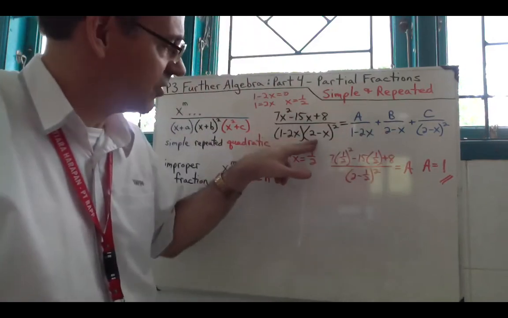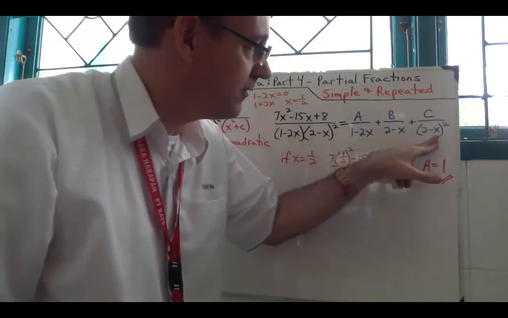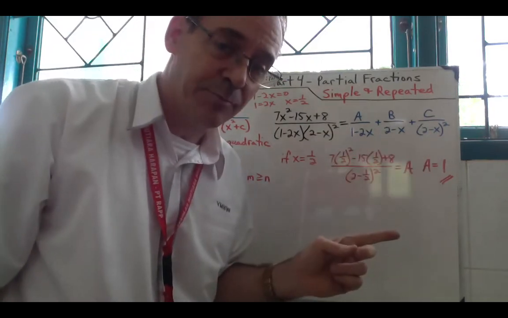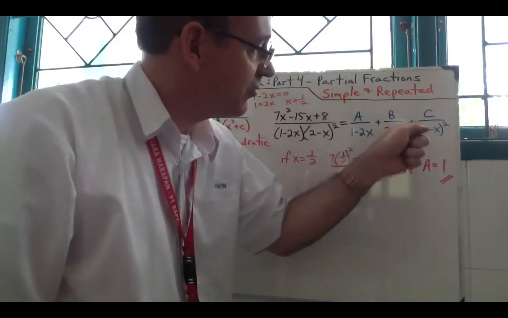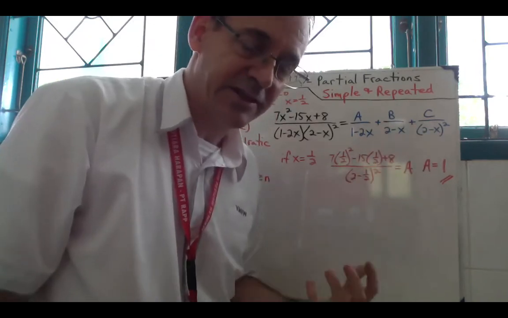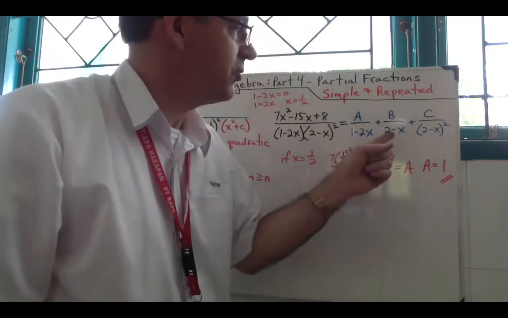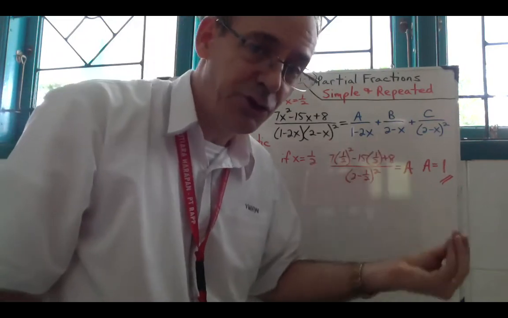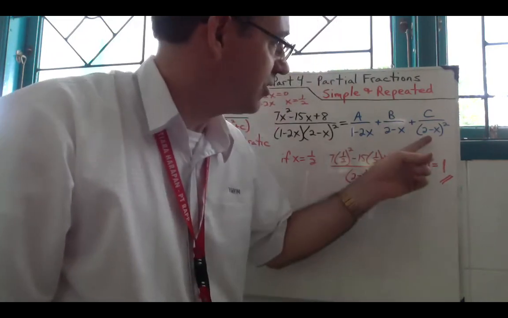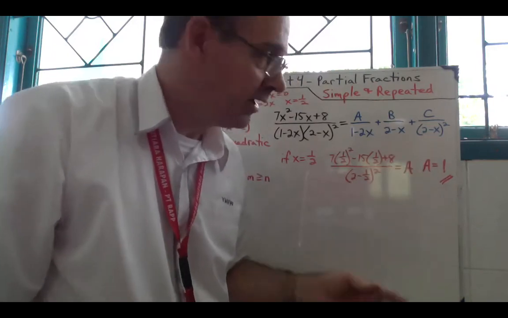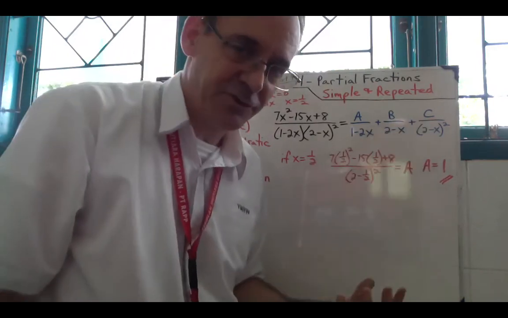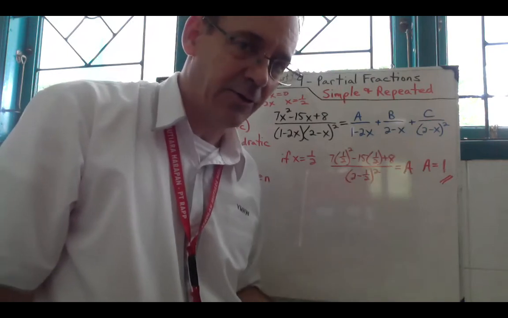It will cancel one of these and one of those, but it doesn't cancel both, meaning you're still left with a 2 minus x in the denominator. One of them is canceled, one of them is still there, so you can't plug in a 2 because you'll end up with 0 in the denominator. Only one of those factors of 2 minus x cancel out.